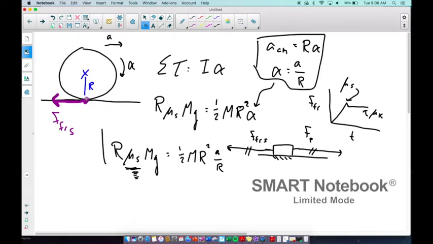So right here, this point is instantaneously at rest, so we get static friction here. It's pointing to the left because it's the only force that can be causing a torque to cause this alpha, to cause this rotational acceleration. And we use Newton's second law. We use this relationship, which is true because it's not slipping, and we can derive this equation, and we could solve it now for any variable that we wanted to.